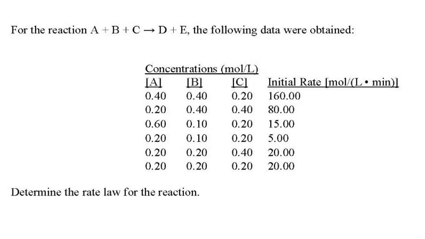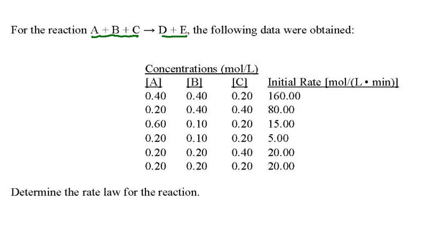Now for the next problem, for the reaction A plus B plus C yields D plus E. So before we go any further, let's look at this. Which are the reactants and which are the products in this formula? Now remember, if you're baking a cake, the reactants would be the ingredients.